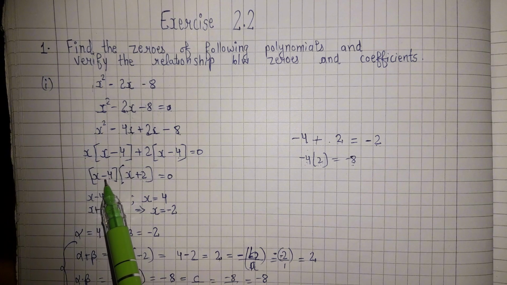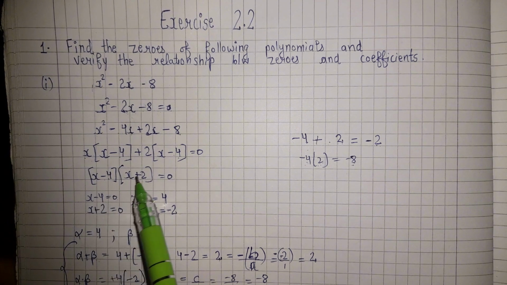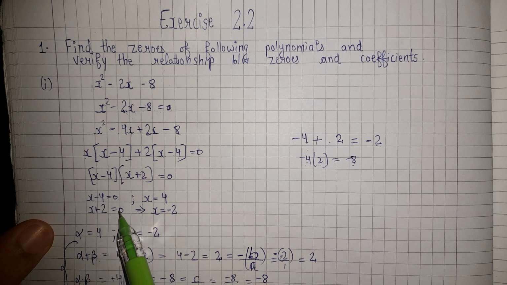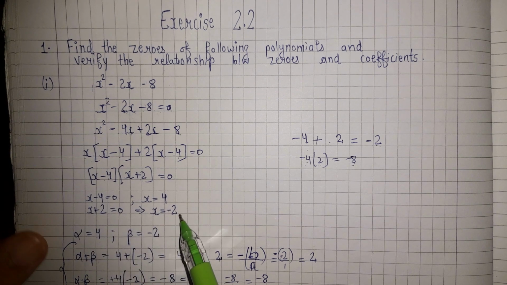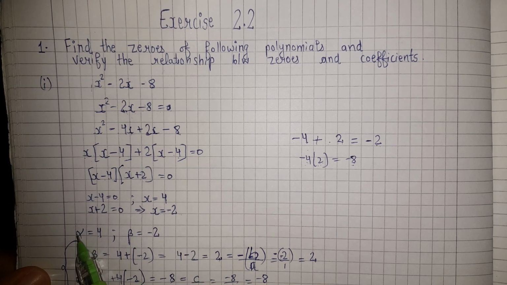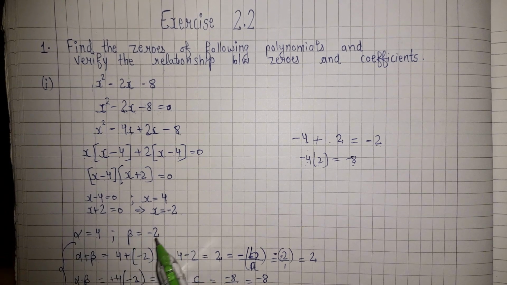So putting x minus 4 is equal to 0 and x plus 2 is equal to 0. This implies x is equal to 4, and x plus 2 is equal to 0 implies x is equal to minus 2. So our two zeros are 4 and minus 2. Let alpha is equal to 4, beta is equal to minus 2. These are the two values of zeros.